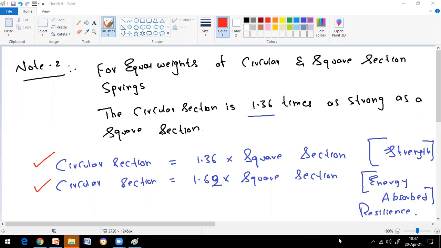Please guys, please respond. Does everyone understand? Yes or no? So by that we can start another problem on open coiled helical spring. See, there are 29 participants.